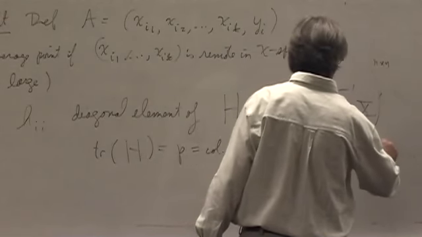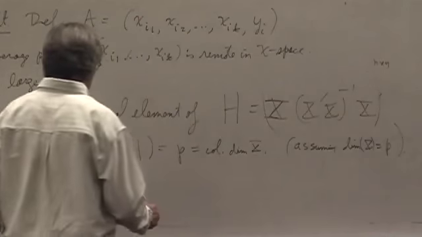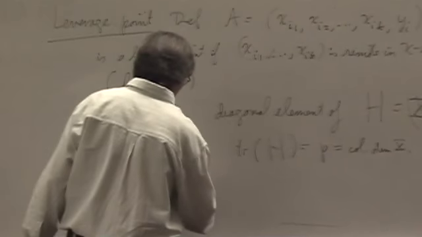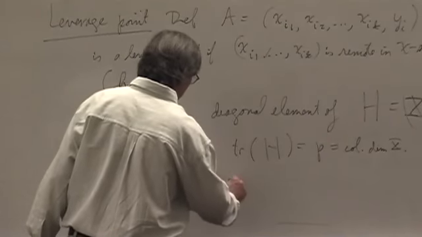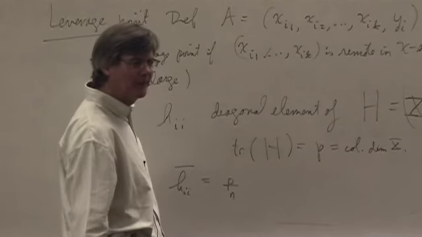Dim X equals P. So there's sort of an average value. Therefore, the average value, HII bar, so to speak, would be P divided by N, because there are N of them, right?